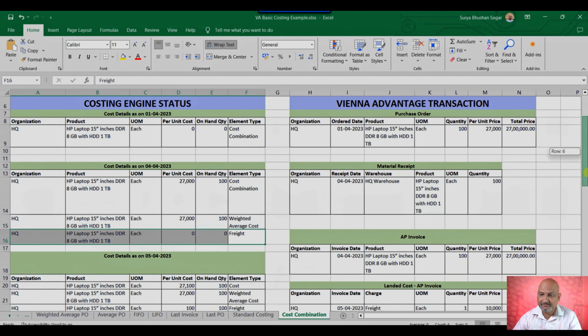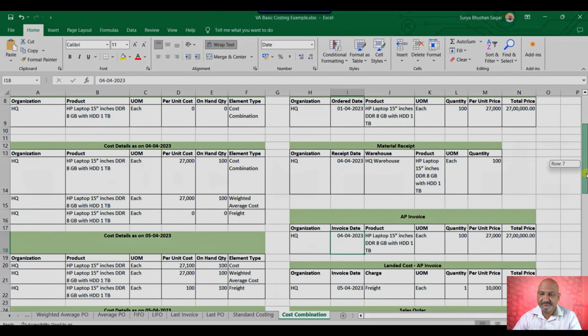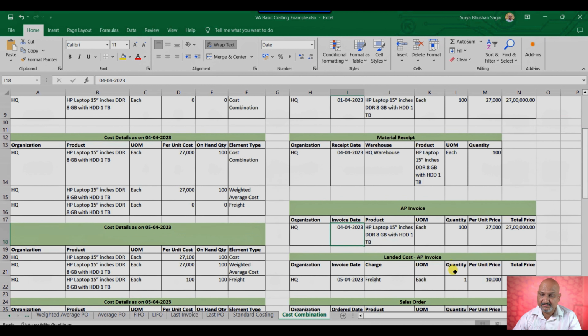Then we will generate the AP invoice. If there is any difference between the prices here, then that would again update this costing method. Let's say if it is 27,500, then the system will update it to 27,500. So that becomes the status. Once we process the AP invoice on the 4th of April, just assume that you receive a landed cost invoice that says 10,000 of freight cost was involved.